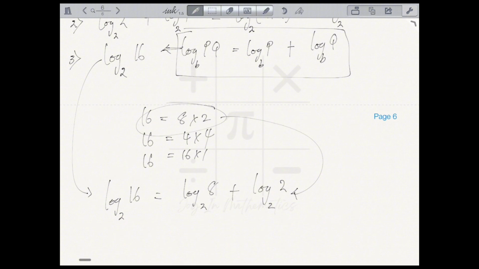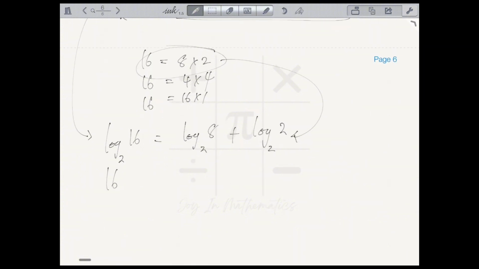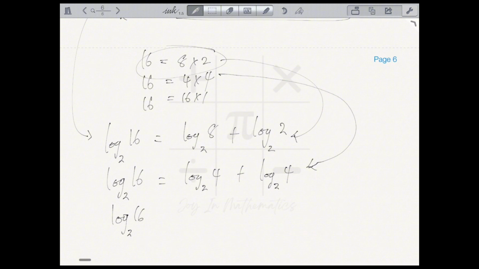Now let's apply the second one: log 16 to base 2 can be written as log 4 to base 2 plus log 4 to base 2. This is applying the second one. And finally, log 16 to base 2 can be written as log 16 to base 2 plus log 1 to base 2. This is applying the third one.